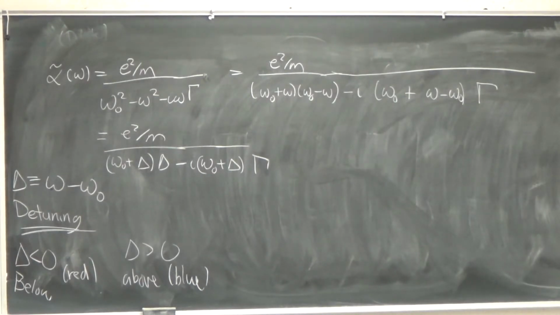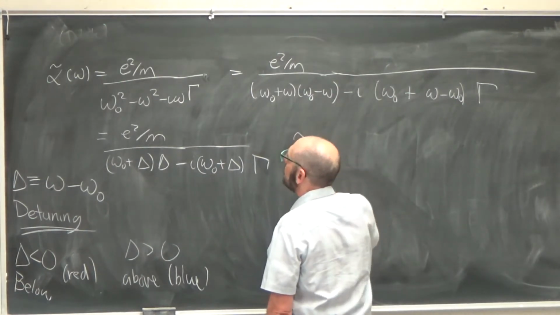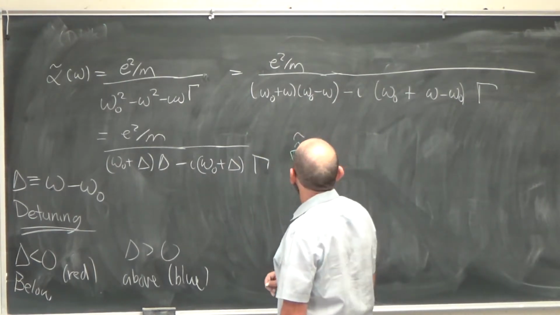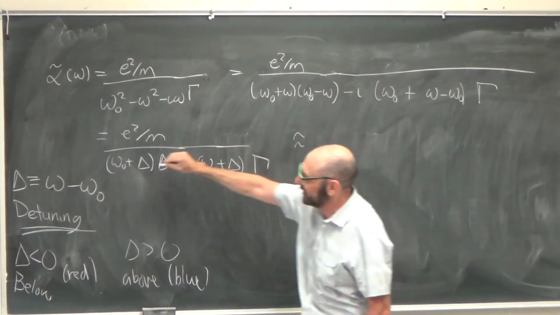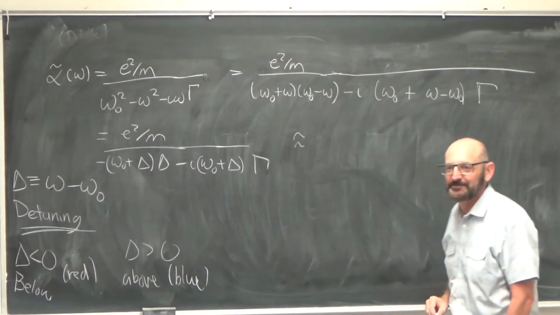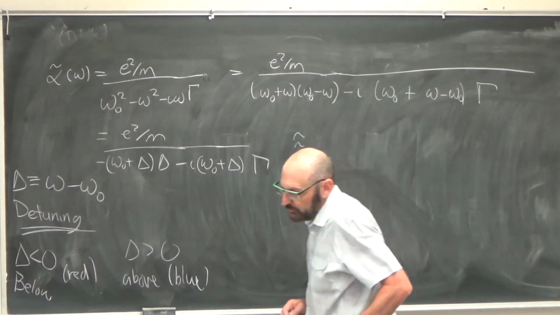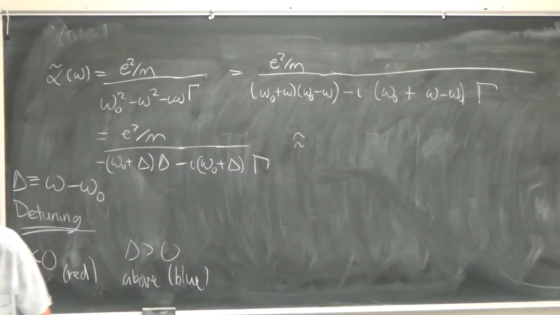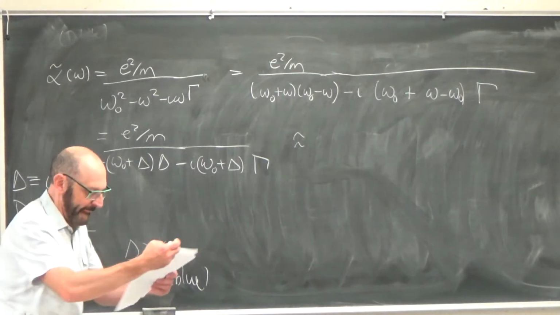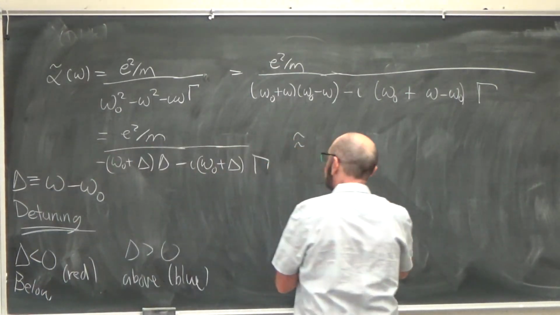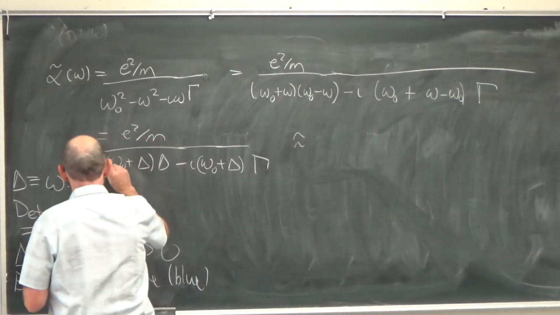Okay? So let's look at this thing, which is approximately equal to... Oh, see, I got the sign wrong. I recognize that. This thing is equal to the following. Let me make sure I'm doing my algebra right here. Yeah, 2 is in here.